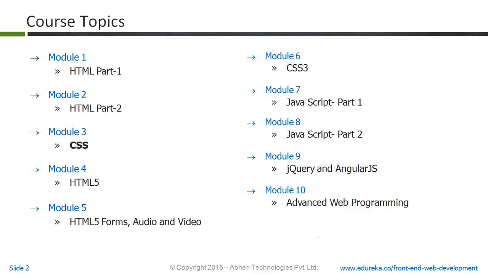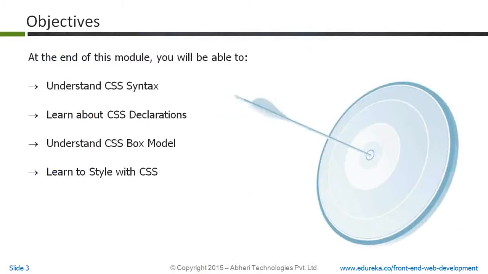Today we are in module 3, CSS. The objectives of this module are that at the end of the module, you will understand what the CSS syntax is and where all it can be specified, and the structure of CSS declarations, the different components in a CSS declaration.